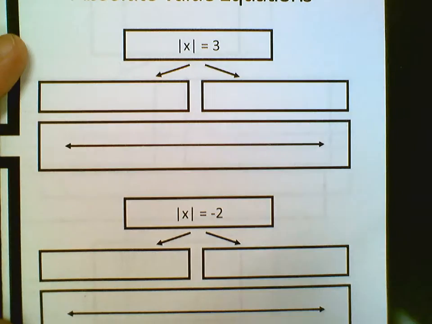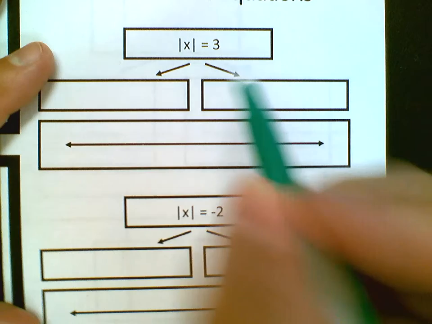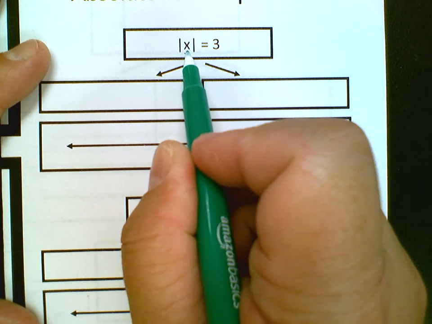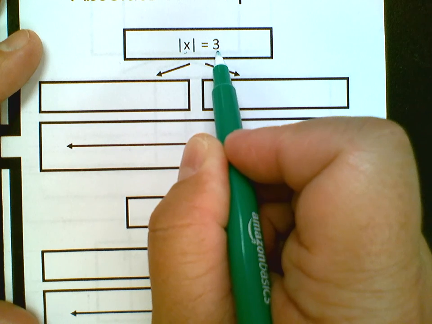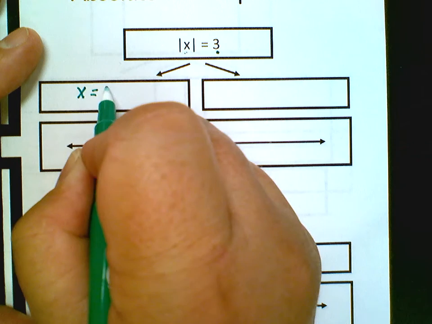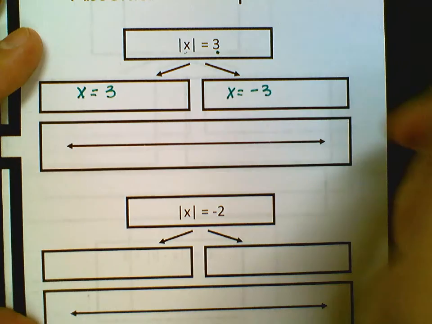So this is the exact example I just talked about on the other side. If I have the absolute value of some number equal to 3, then that means it is 3 units away from 0. Then that number has to be +3 or -3.